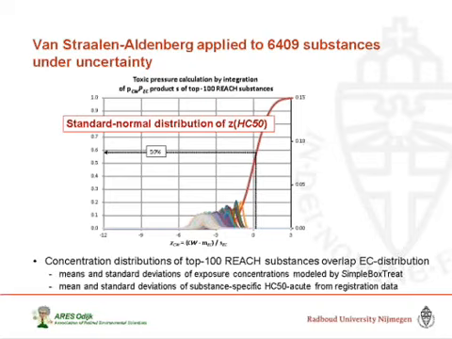We applied Tom Altenburg's representation in which he scales the concentration axis according to the average toxicity and the standard deviation in it, so that the effects distribution becomes a standard normal distribution, and each of the chemicals has its own Gaussian probability density function, of which we represent here only the 100 chemicals with the highest probability of exceeding the critical effects concentration.